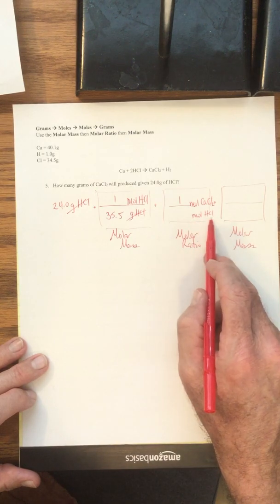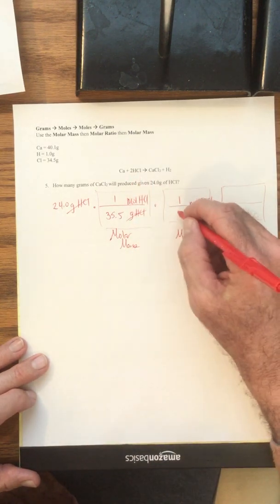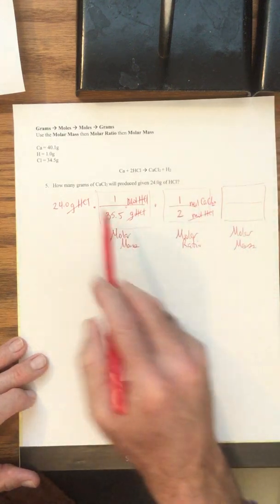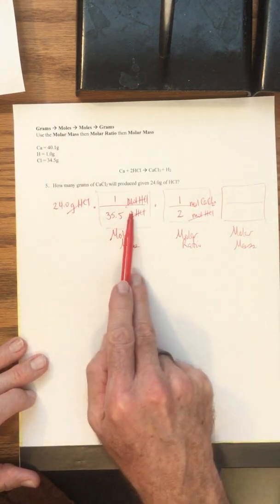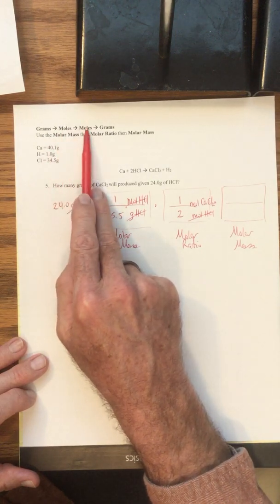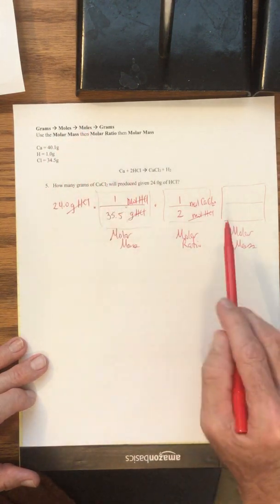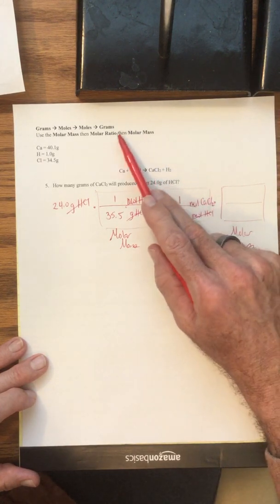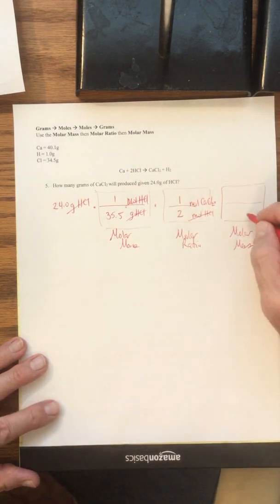What's the moles of HCl? 2. So that goes there. So our first step, we convert from grams to moles. We convert from moles to the molar ratio. Now we need to convert from moles of product to grams of product, and that's just the molar mass.